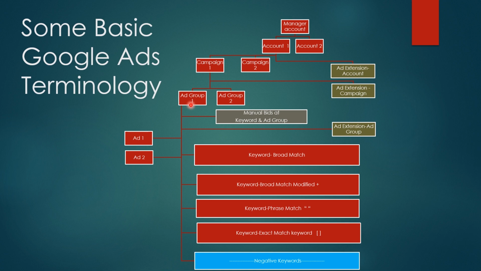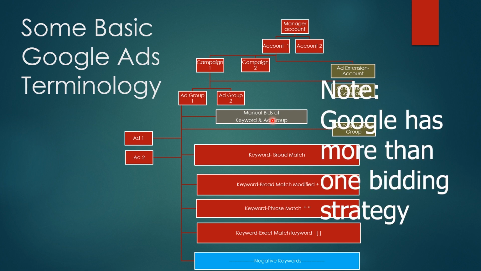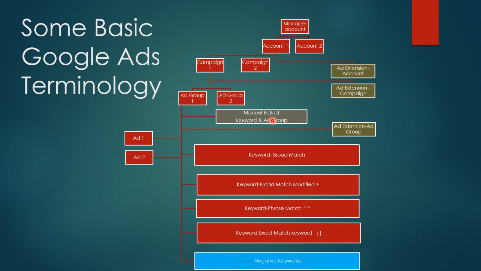Your ad groups house three major sets of data: your ads, your keywords, both positive and negative, and your bidding information in the case of manual bids. So when a user queries a specific item, Google goes to its database of keywords, or your database of keywords, and determines whether the ad should be shown at all.